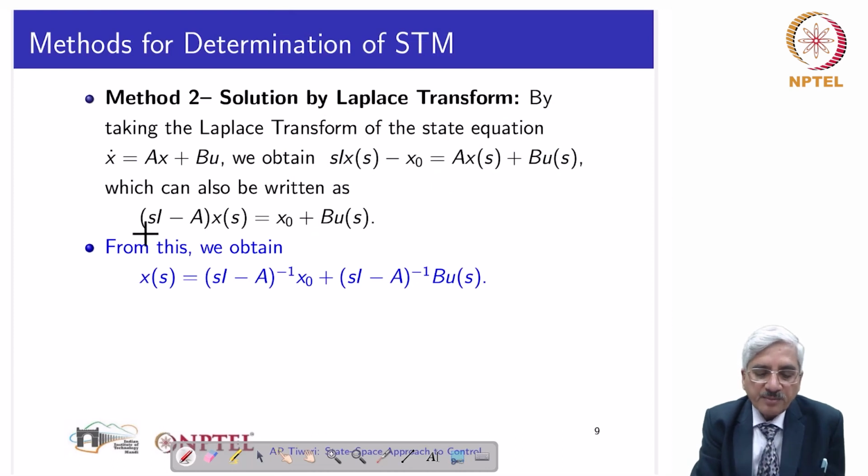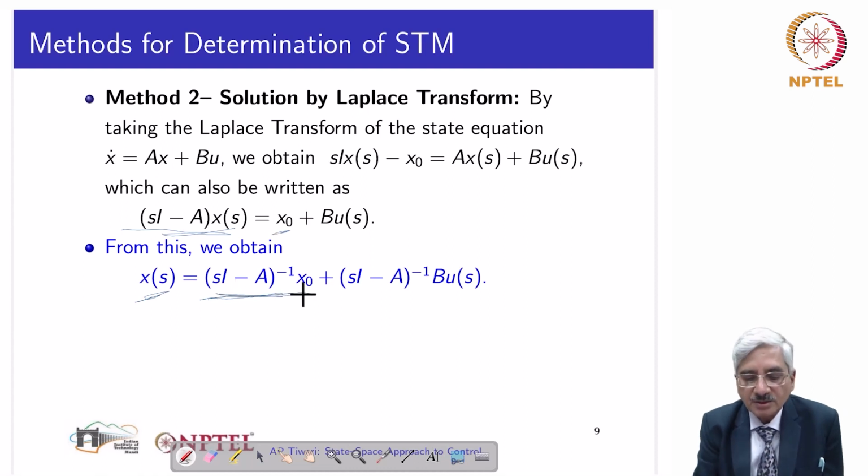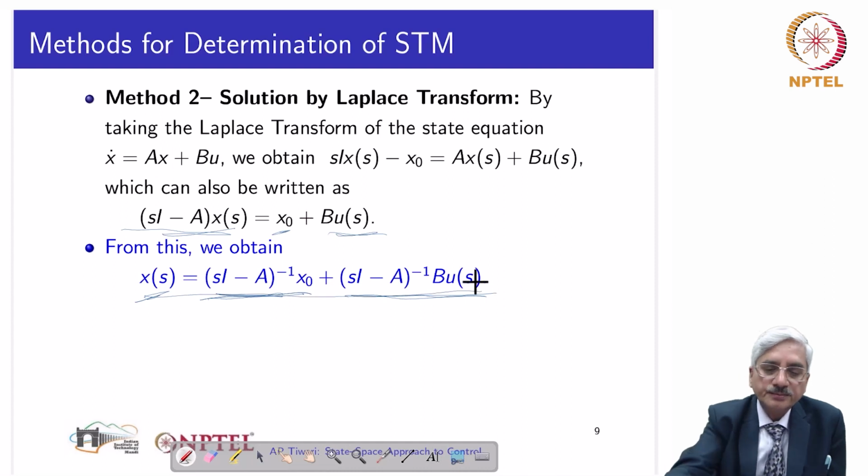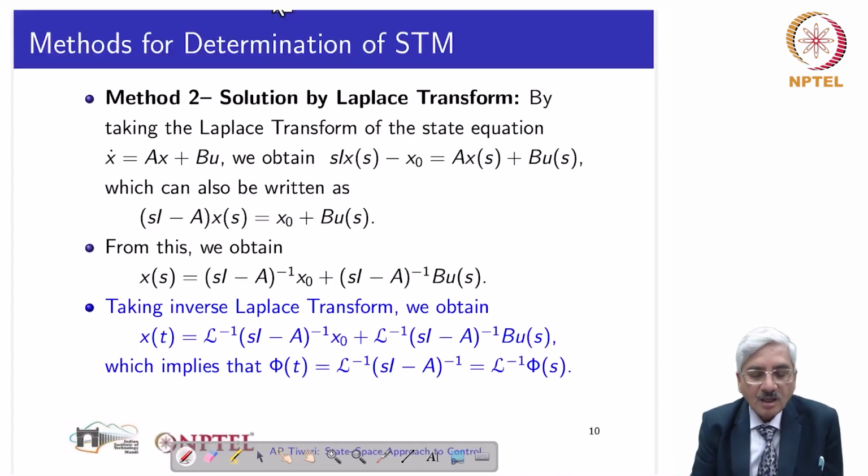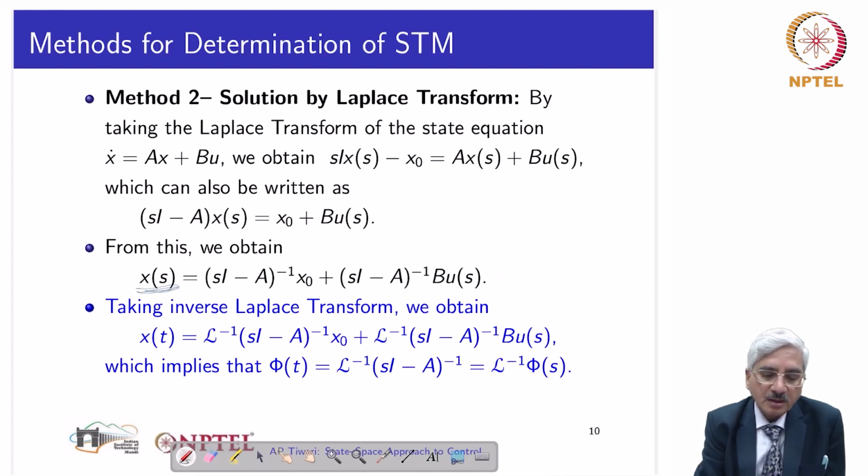And we pre-multiply all the terms by (sI minus A) inverse. So here it will give X(s), x(0) will lead to (sI minus A) inverse x(0), and then this one, pre-multiplying by (sI minus A) inverse, gives this one. So we get this as X(s). And if we take the inverse Laplace transform of all the terms, we will get x(t).